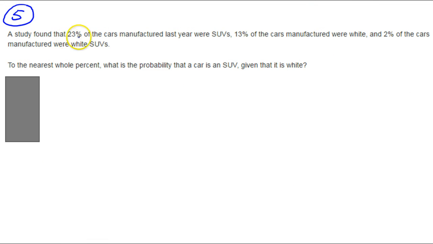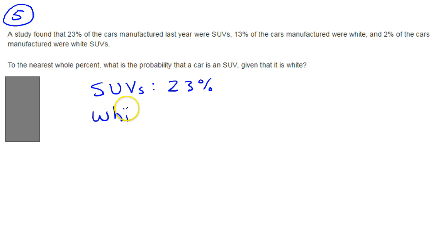A study found that 23% of cars manufactured last year were SUVs. Okay, so SUVs, 23%. 13% of cars manufactured were white.